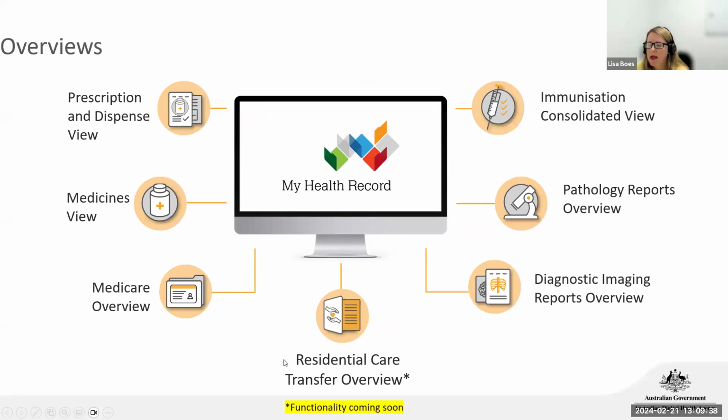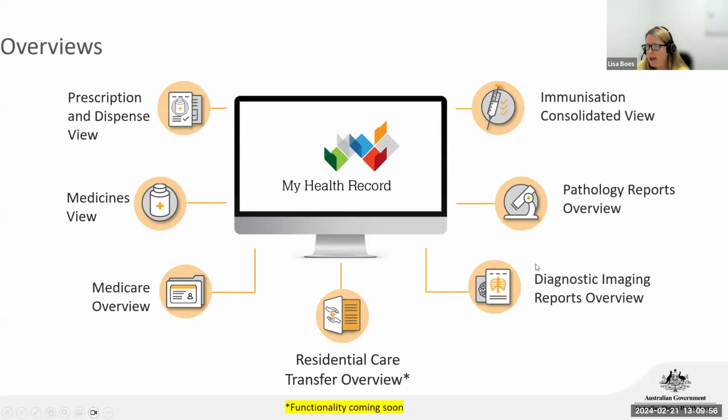So this slide demonstrates some overviews. Inside of My Health Record, there are all different types of views. There are overviews and views. What the My Health Record system does is it brings all available information together and displays it in a format of views and overviews.